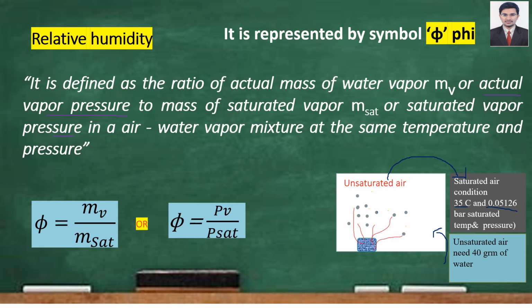If sufficient water is available in the container, only then will this unsaturated air become saturated air. For example, this atmospheric air needs 40 gram of water, and if you supply 40 gram of water, then the unsaturated air will become saturated.